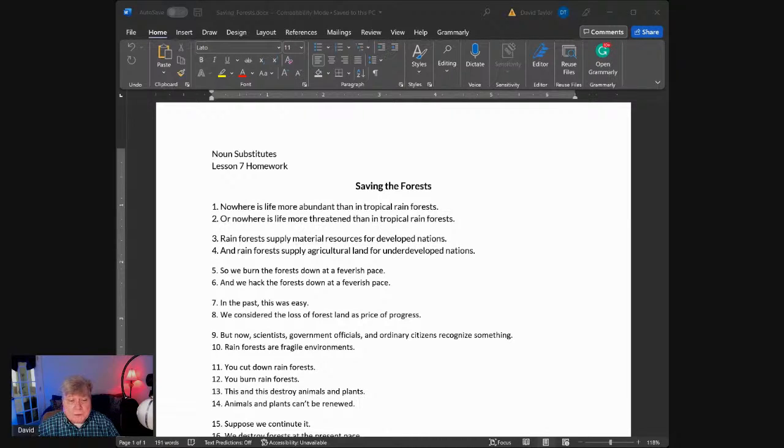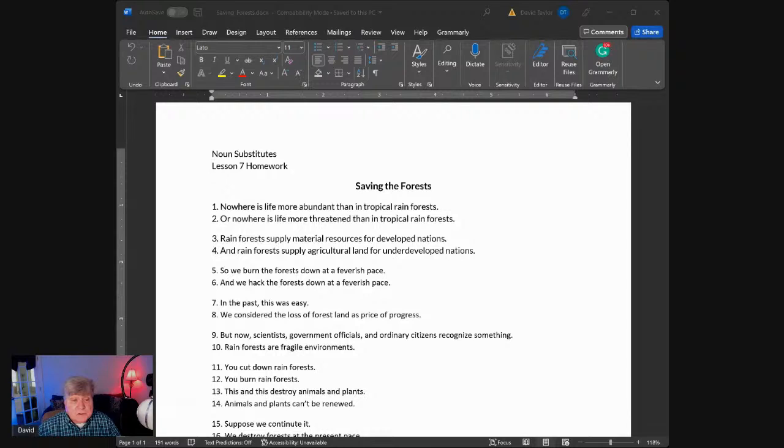The other thing I wanted to point out is that you see here, and this is an answer to Suresh's question. Yes, I kind of suggest to you what the combinations could be. These are not necessarily rules that you have to follow. You can combine sentences however you wish. But in terms of practicing noun substitutes, the sentences are divided up into pairs or triplets or quadruples for you to combine.